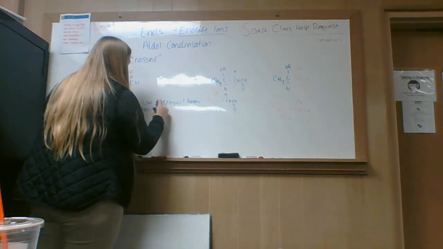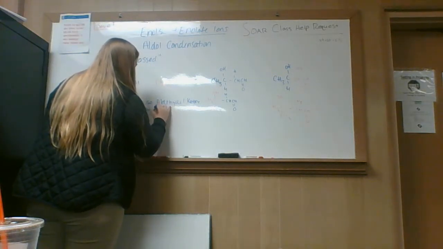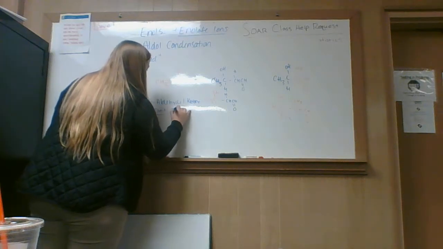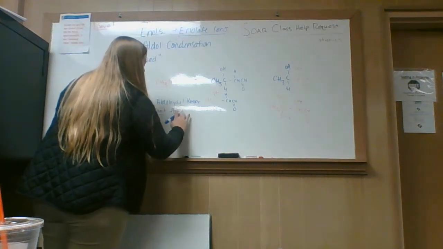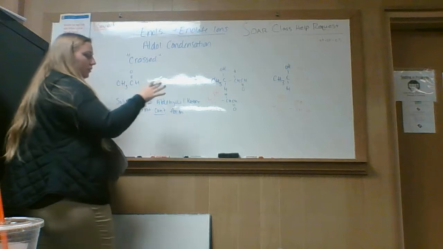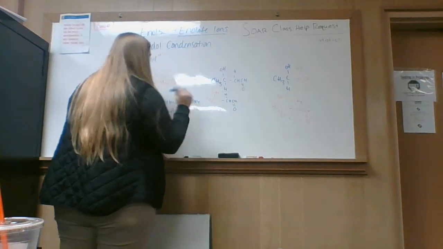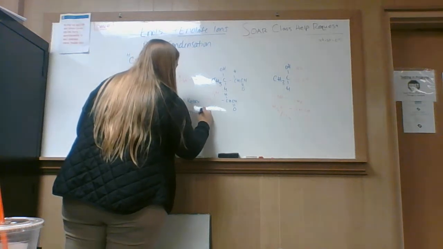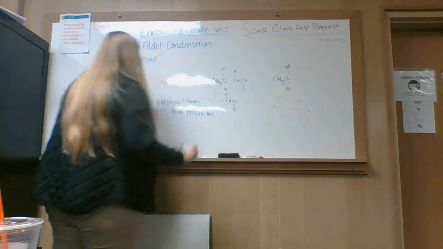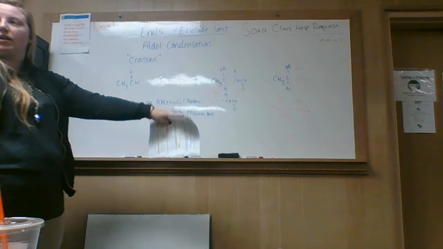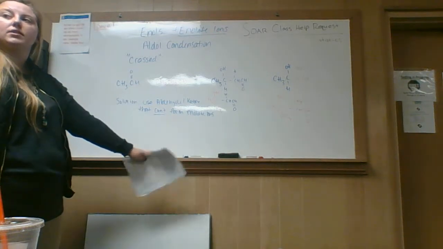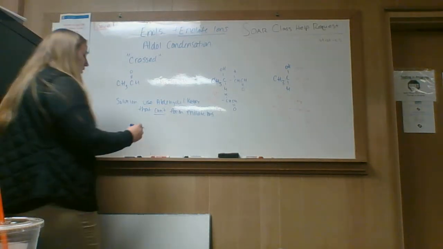How do we form enolate anions? In a basic environment. But what happens in that basic environment, molecularly? Is it the alpha hydrogens? It is the alpha hydrogens. So if we want to use something that can't form enolate ions, we want something that doesn't have any alpha hydrogens.